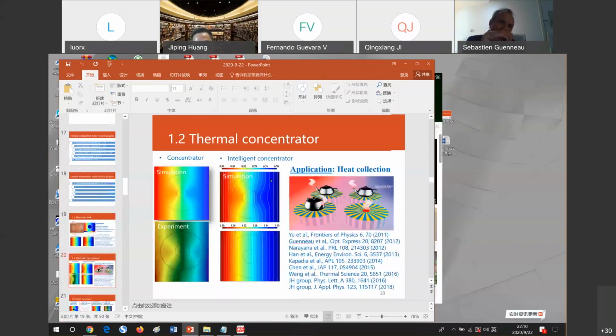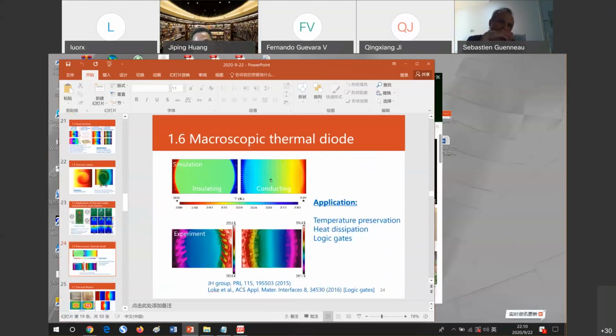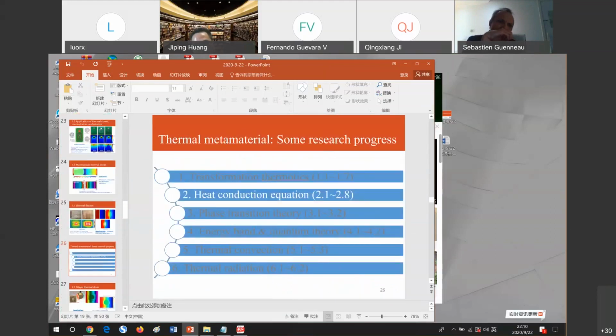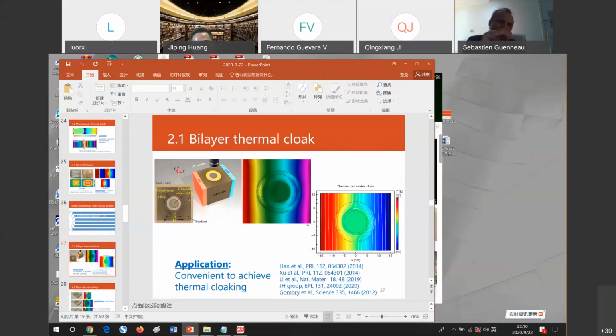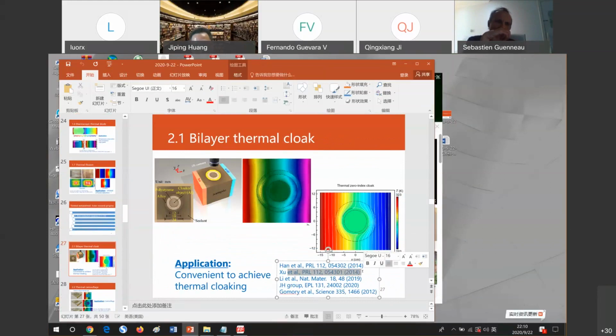No, this one is also 2-dimensional. Actually, for this paper, they produced the first 3-dimensional thermal cloak. But to me, when they measure the temperature distribution, it's very difficult for them to obtain the desired results.